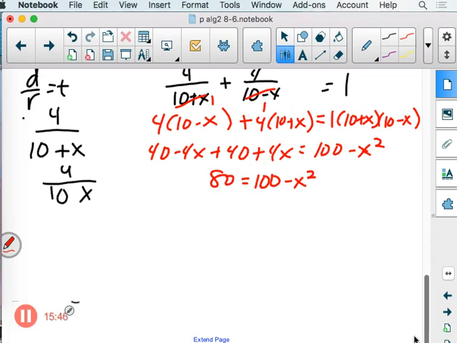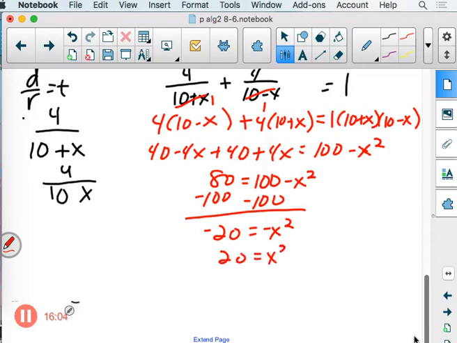So now what do we do? Subtract 100. Divide by a negative 1. Then what? A little square root action.